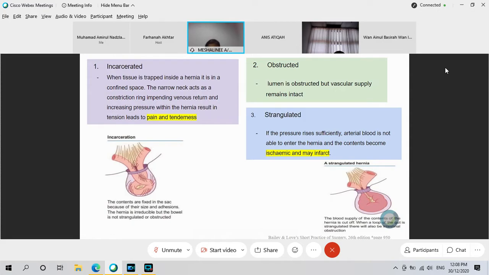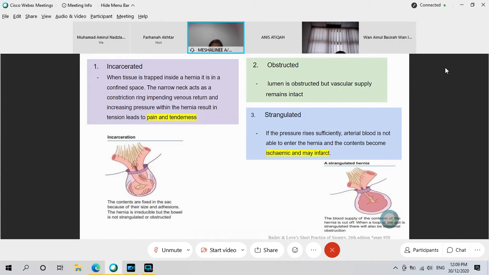So the adhesions formed between the content or bowel and the hernia sac make it become imprisoned in the sac of hernia. So in incarcerated hernia, the contents are usually fixed in the sac, but the hernia is irreducible, but the bowel is not strangulated or obstructed. As for obstructed hernia, when part of the gut herniates, the bowel contents may no longer be able to pass through the herniated area.